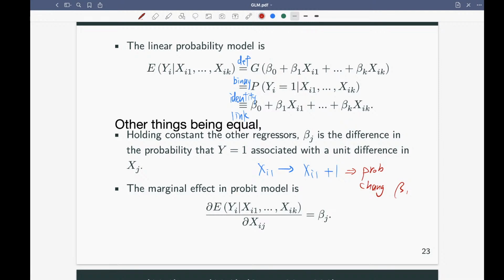So you can use the change in the regressors to interpret the coefficient. How about the marginal effect? The marginal effect is the partial derivative with respect to xij, where i means the observation and j is the index of the regressor, 1 to k. You have this result because we use an identity link.